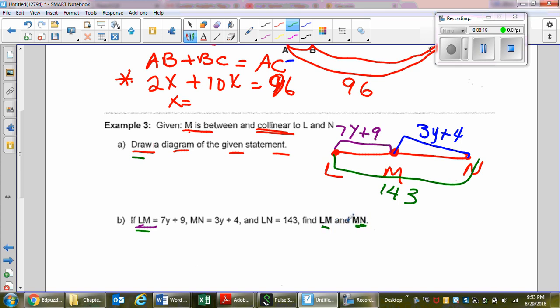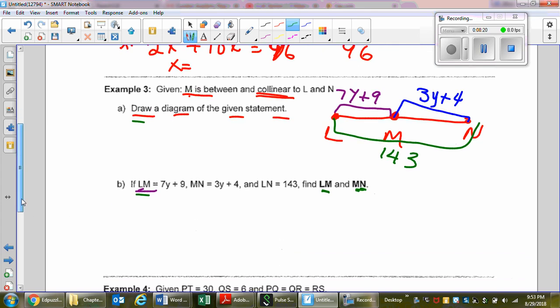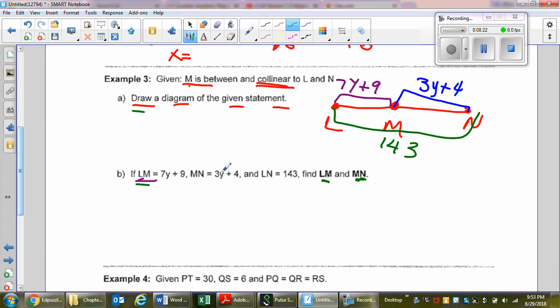For me to find those measurements, I need to solve for y first, right? So remember, I'm going to give you a hint. I want you guys to try it. In segment addition, we said LM plus MN is going to equal LN, the whole thing. So what is LM?